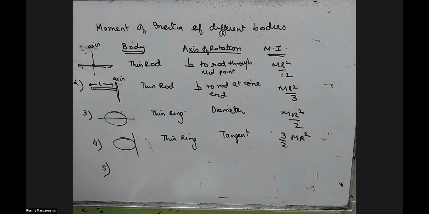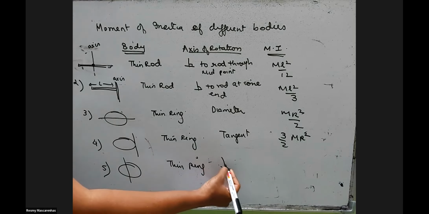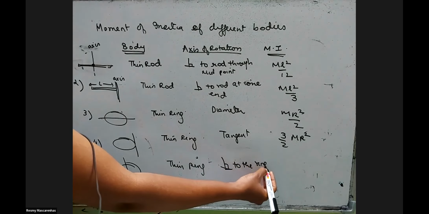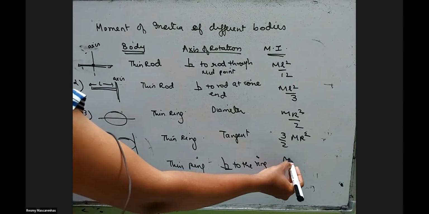Fifth one, if you have a thin ring, this time the axis is perpendicular to the ring. Then the answer is MR square.